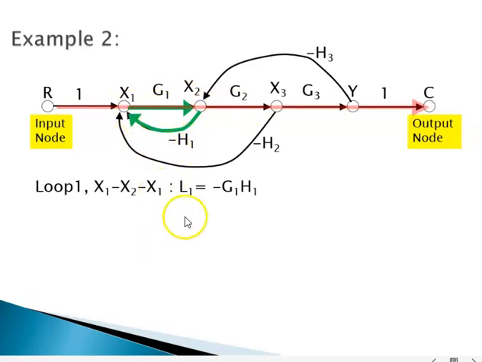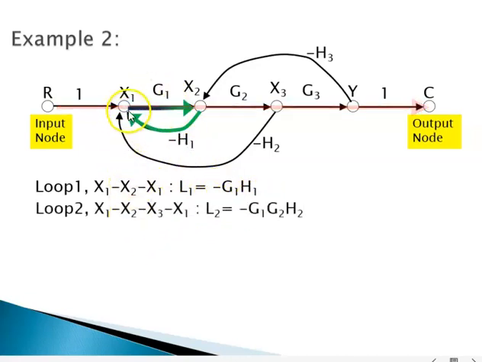So its gain is G1 minus H1, minus G1 H1. Similarly, you have second loop. Second loop starting here x1, x2, x3 back to x1 shown in blue. Its gain is G1, G2 minus H2. So minus G1, G2, H2. Again you see that this blue loop is also touching the blinking red forward path.